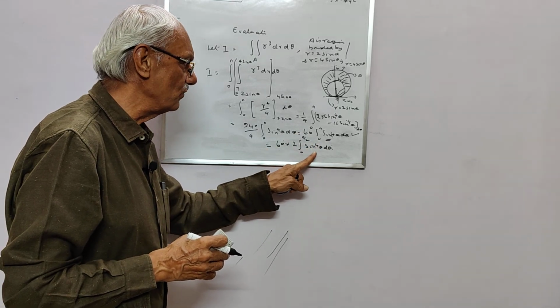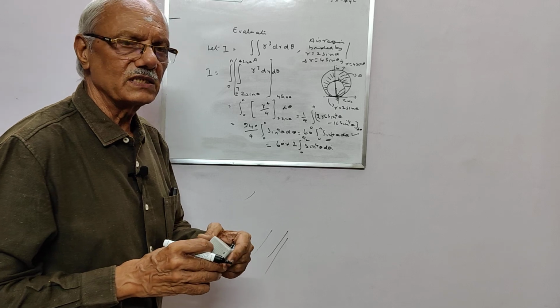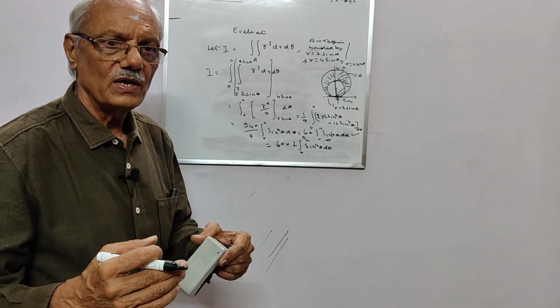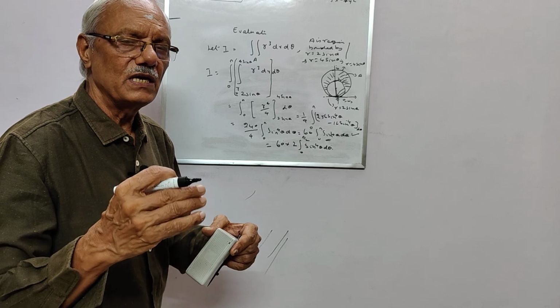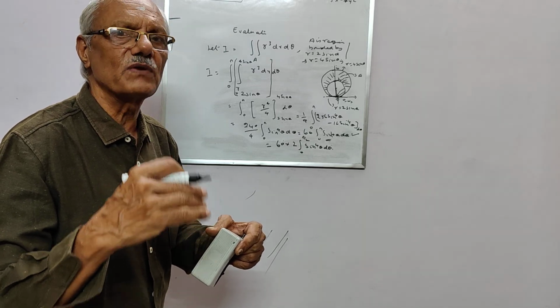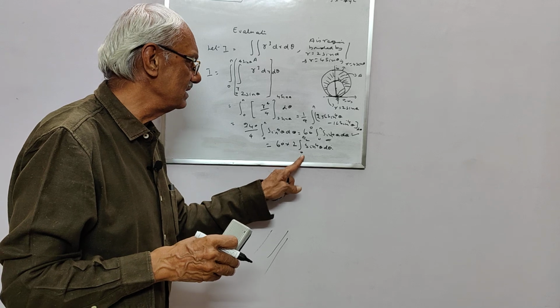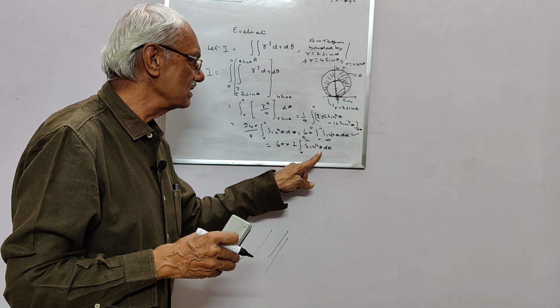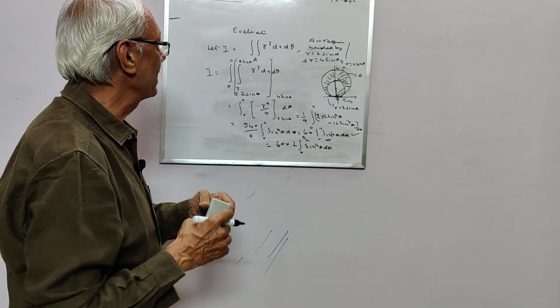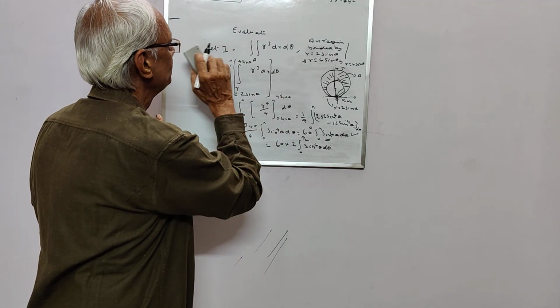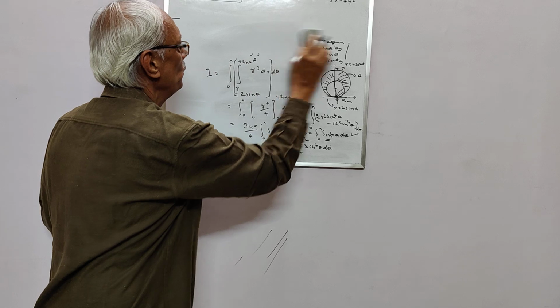Now, evaluation of this integral requires the idea of the reduction formula, with the limits of integration from 0 to pi by 2. Sine to the power of 4 theta requires the reduction formula. So what am I going to use?